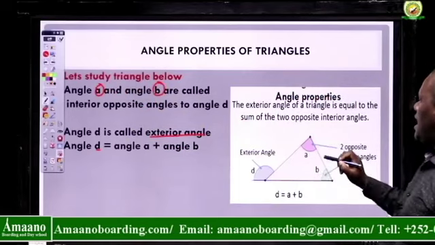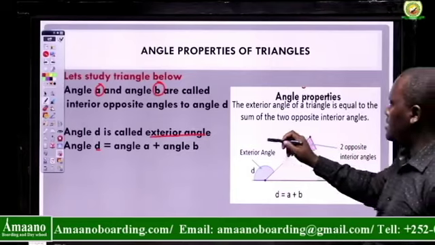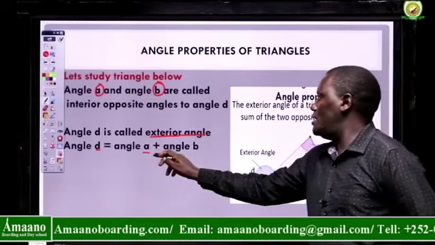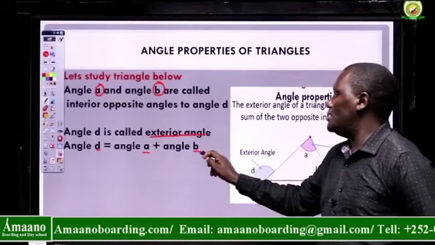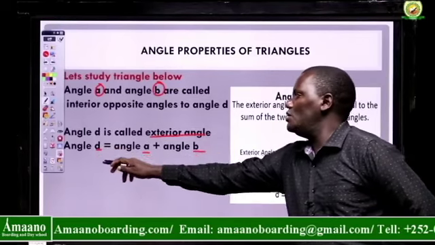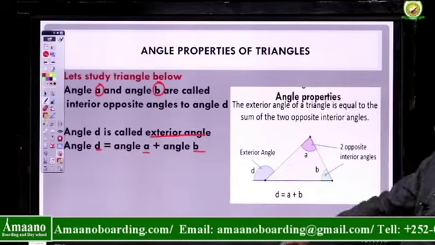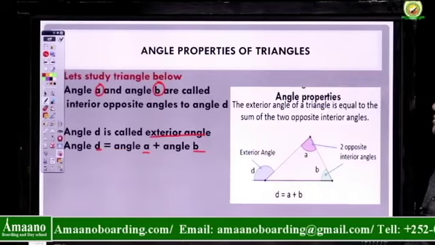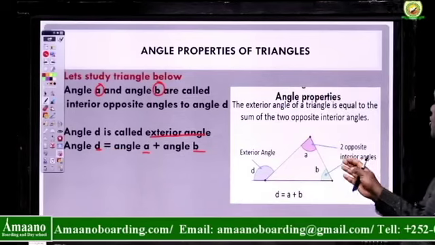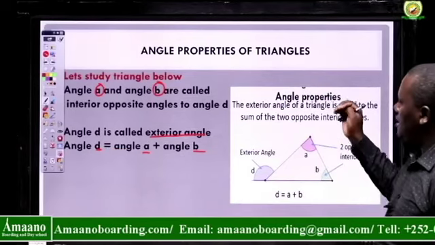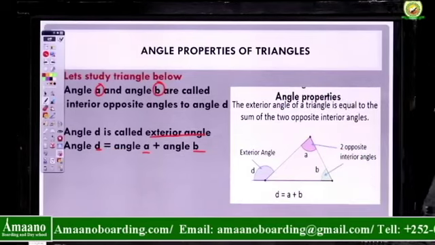So for me to find D, I'll only add angle A plus angle B, then I find angle D. And angle D is an exterior angle. Angle A and B are interior angles, but they are opposites of exterior angle D.